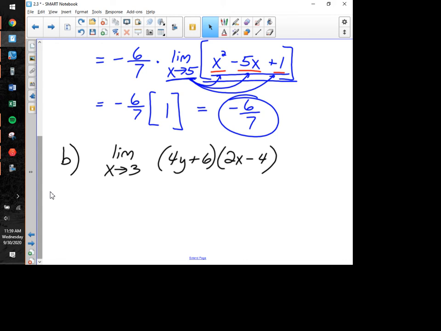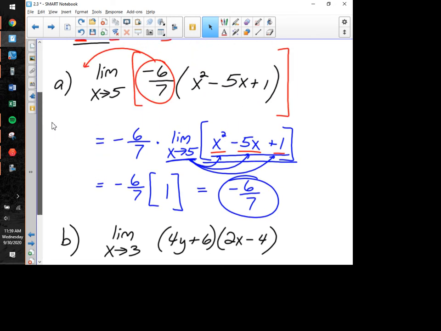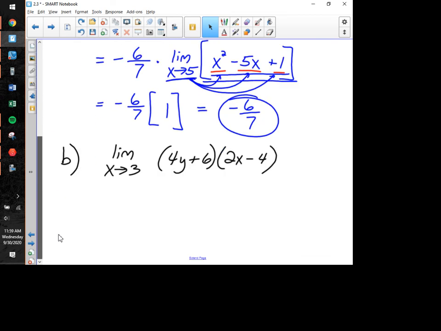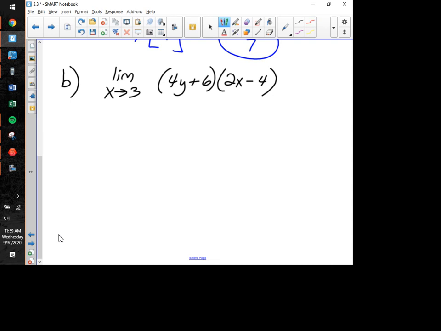Now this doesn't look exactly like the last problem, whereas in the last one we clearly had a constant out in front of the function of negative 6/7. Now we don't. But what I do want you guys to get in the habit of looking for is this fundamental idea right here. If we look at the limit, the variable of this limit problem is x.